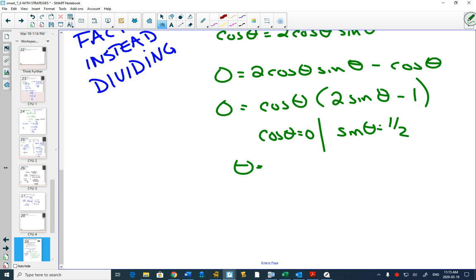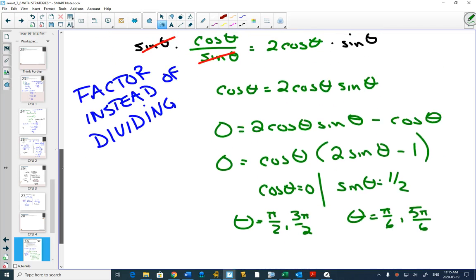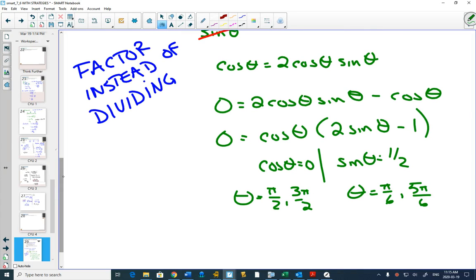When is cos 0? Pi over 2 and 3 pi over 2. When is sine of theta 1/2? Pi over 6 and 5 pi over 6. Were we solving between 0 and 2 pi? Should we reread the question? Yes, we were. What happens if you divided instead of factored?